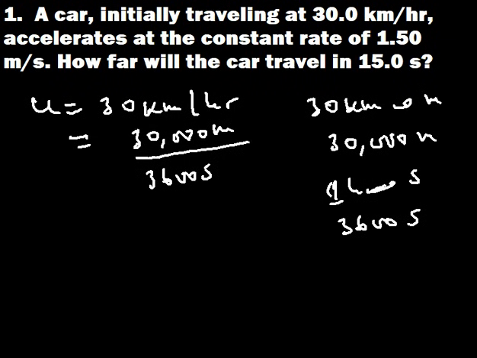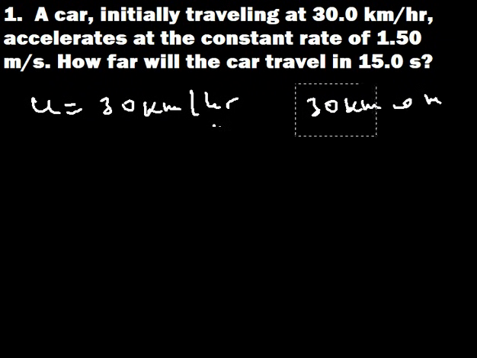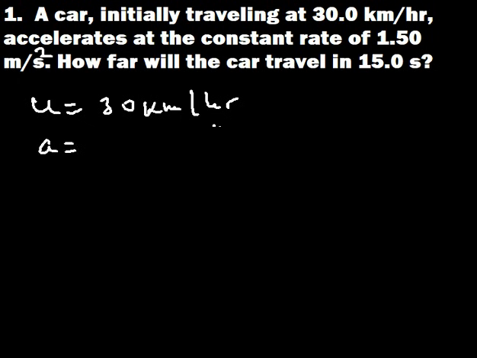So we have that as the initial velocity, and the constant acceleration, which is given as 1.50 meters per second squared. How far will the car travel in 15 seconds? So how far corresponds to the distance or the displacement in 15 seconds.